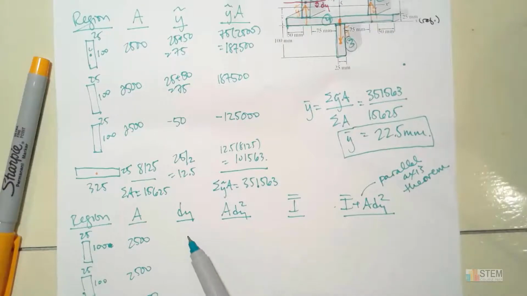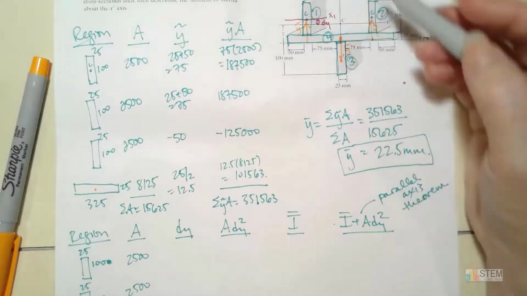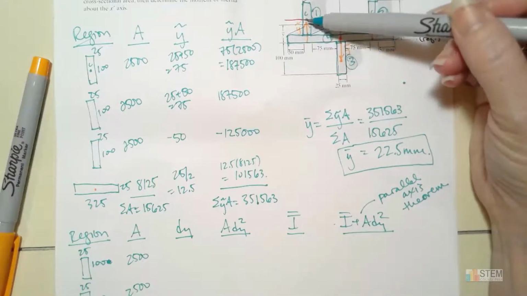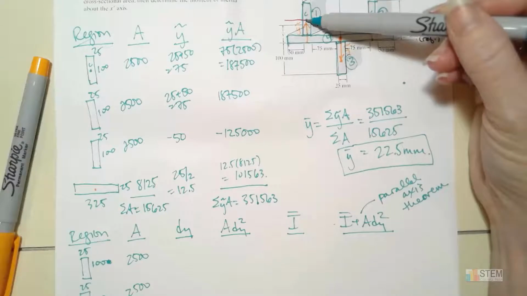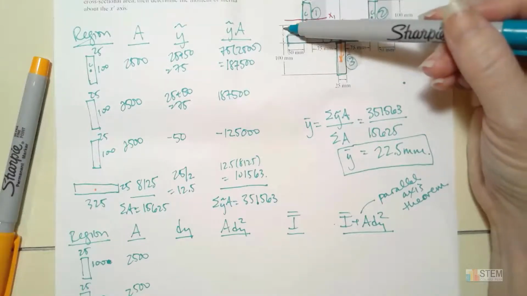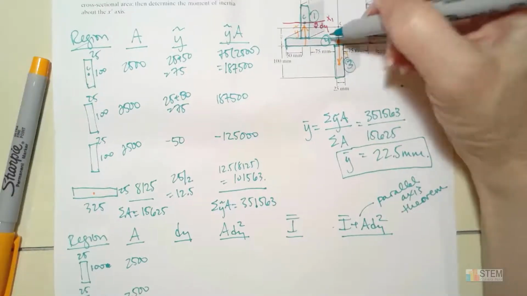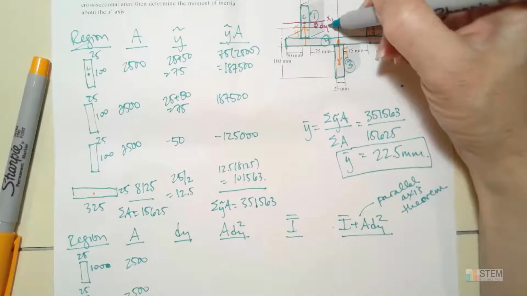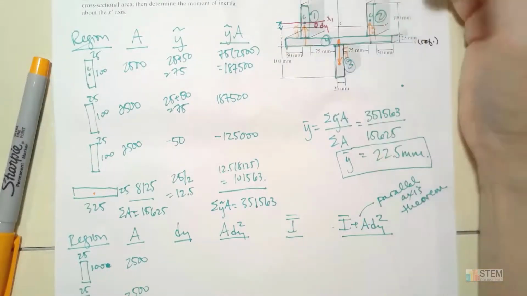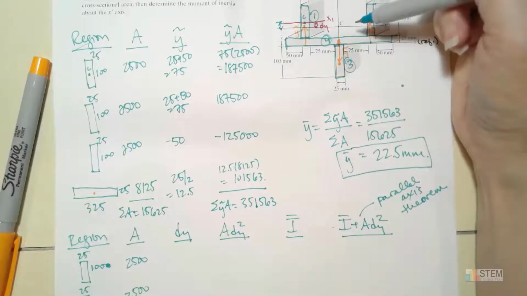Now, there's an easy way to calculate this. If you look at our calculation here, we had y tilde. It went all the way up to c, right? We had that value. And then we've got y bar, which we calculated here. So if you look at this dy, you'll notice that that is the same thing as the difference between y tilde and y bar.